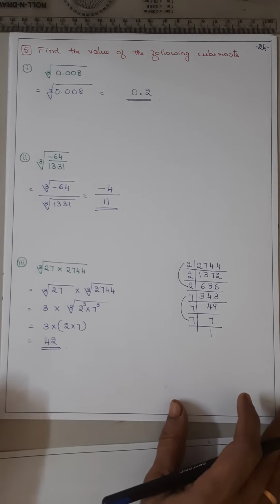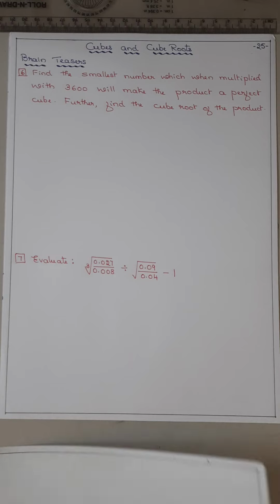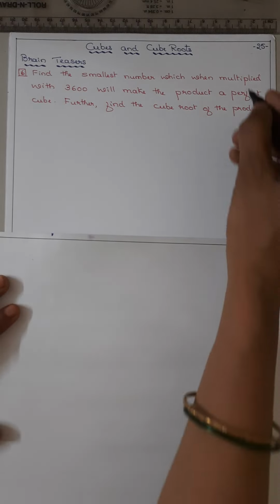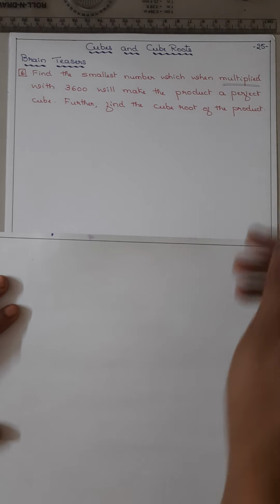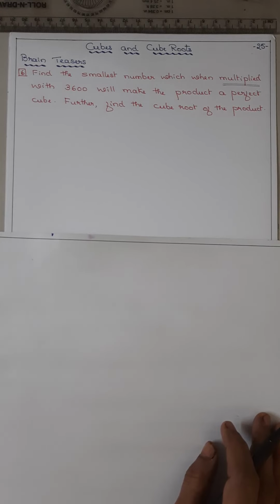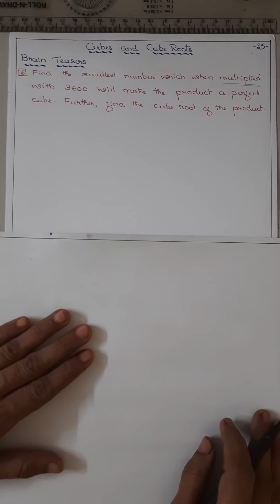Now coming to question number 6. Find the smallest number which when multiplied with 3600 makes the product a perfect cube, and find the cube root.